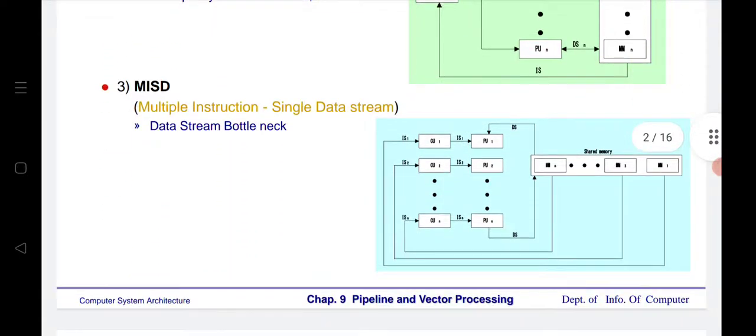Next one is multiple instructions and single data stream. I am having a single data stream but multiple instructions. What I am doing is, I am having different control unit blocks. Each block will have a different instruction stream. Now this instruction stream is connected to the program unit.